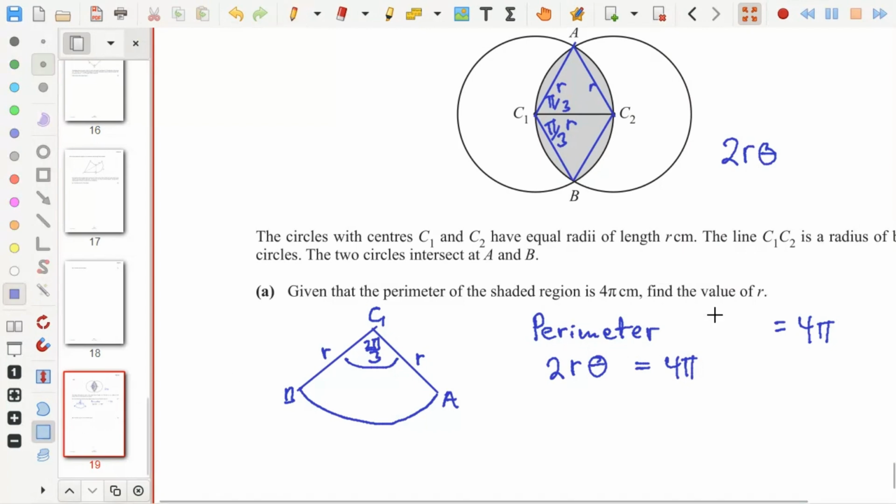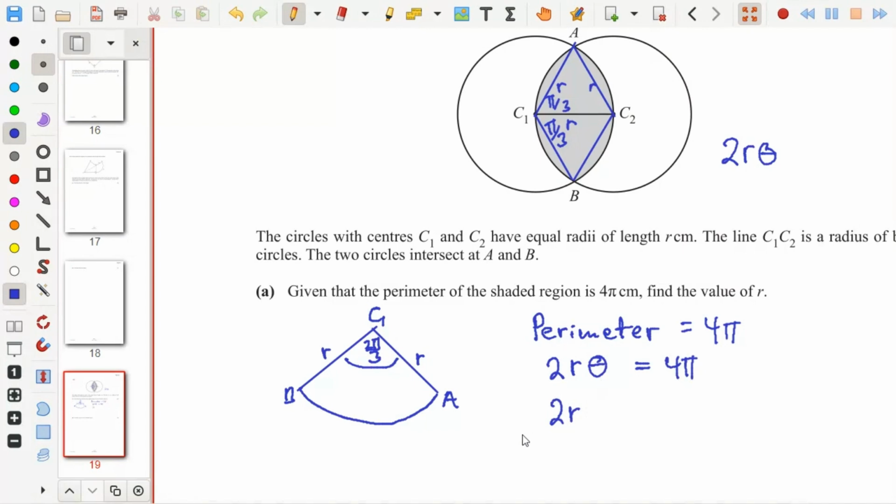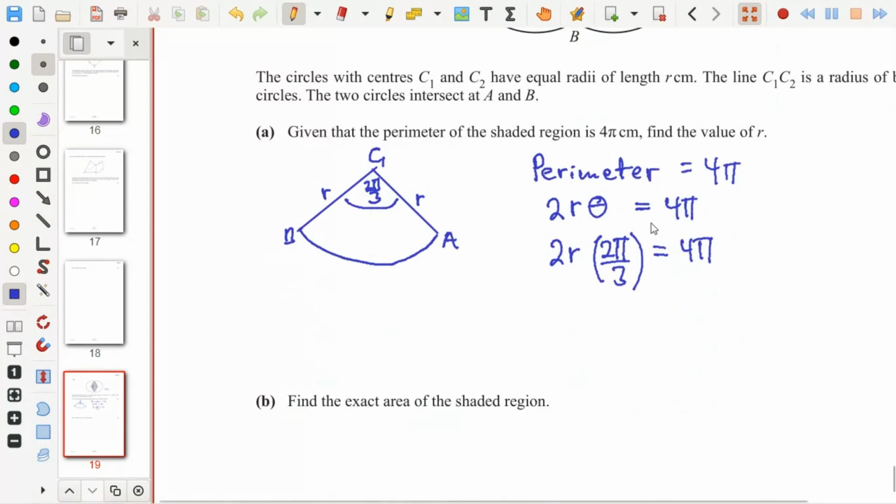Now we know the value of theta. Theta is the same as what? 2 pi on 3. Okay.